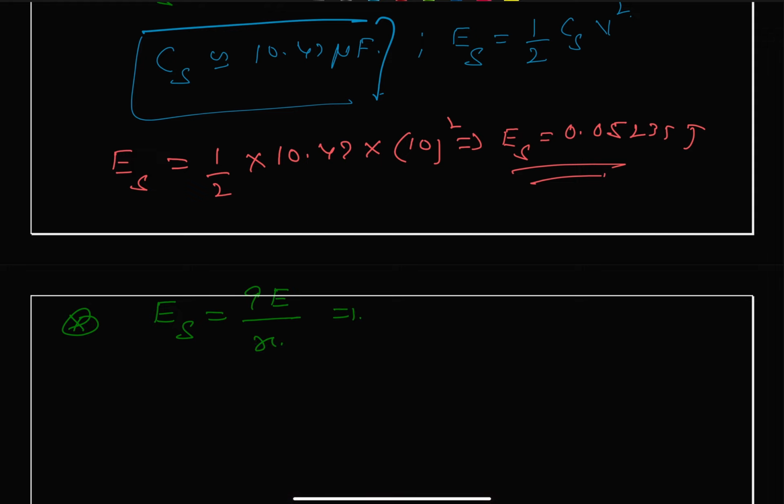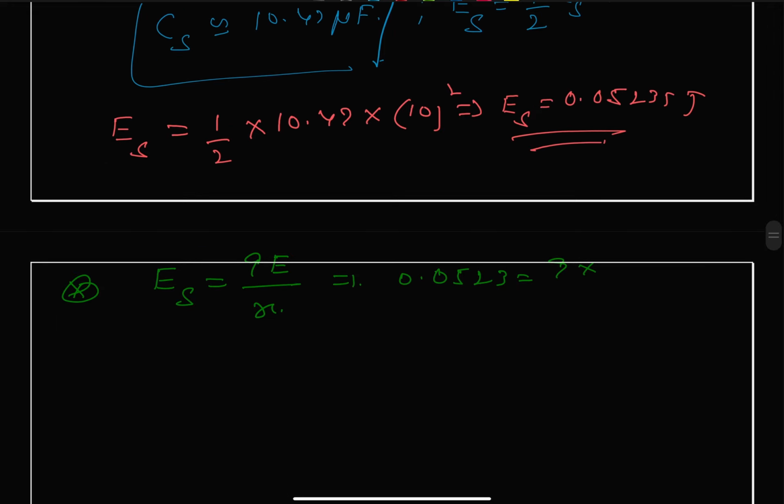Es is 0.0523 is equal to 9 times E, and E is 0.5, divided by X. So we get that X is equal to 9 into 0.5 divided by 0.0523.